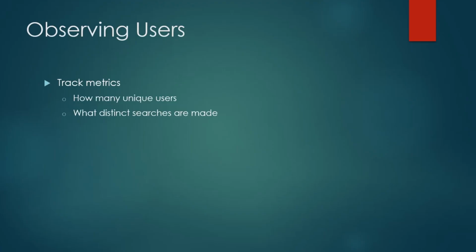What are the different kinds of searches that are being run, and how successful are those searches? And successful, that could mean that if you come back with no results, that's probably not a successful search. But if you come back with a bunch of results, that might or may not be, right? So we also want to pay attention to, are the users interacting with our results?